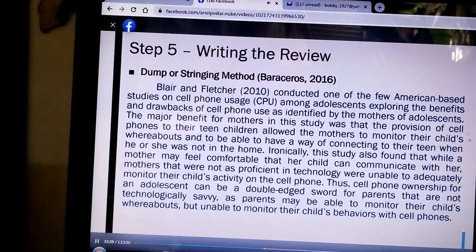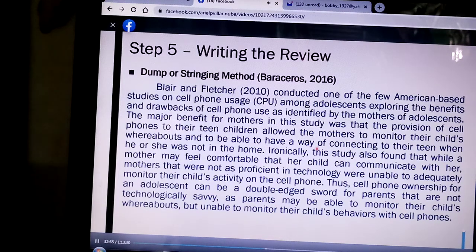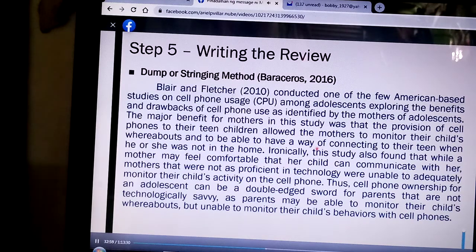Basic na basic po ito. Okay? So, this source or these ideas here are from Blair and Fletcher. So, ibig sabihin, one reference, isang paragraph, sa kanila lahat yun. Okay? Very basic na paragraph writing in writing review of related literature. Okay?